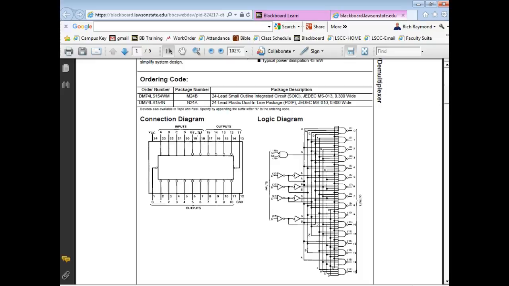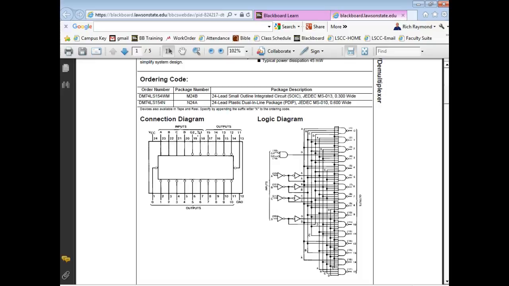I'm going to take the B input that's connected to my 74151 and hook it to the B input of my 74154. What's the B input of that? It just comes right down the line.